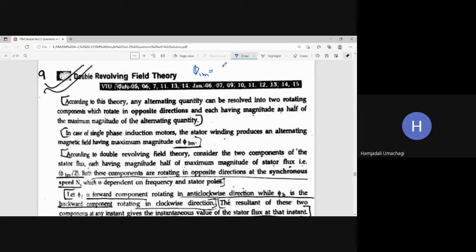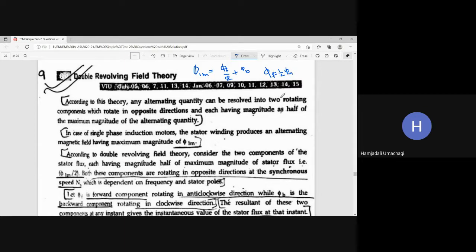Then this phi 1m stator flux, which is AC component, is divided into two components: the forward component phi f and the backward component phi b, where phi f is half of phi 1m. Here 1 stands for stator flux, maximum stator flux.